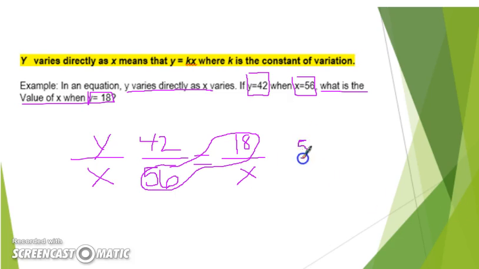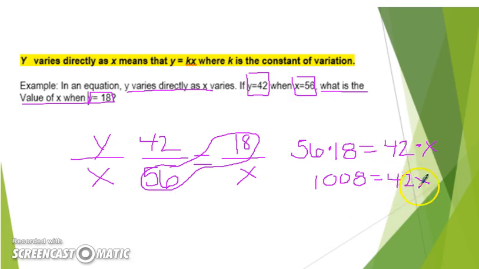So we would do 56 times 18 equals 42 times x. So 56 times 18 gives me 1008. And 42 times x gives me 42x.